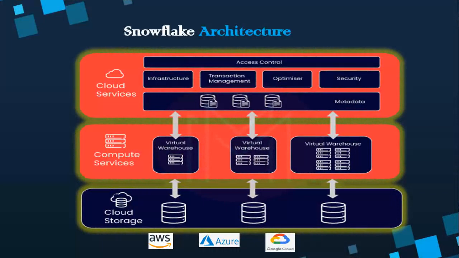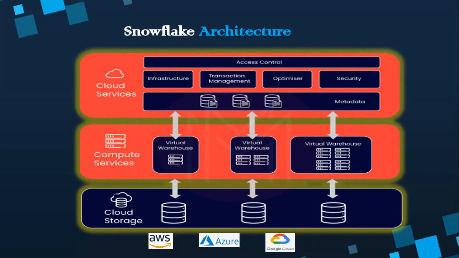The second layer is the computing services layer, where virtual warehouses lie. Those are nothing but physical hardware responsible for executing SQL queries. For example, if a user executes a complex query in Snowflake, who is going to execute it? Who will do all those aggregations, joins, and subquery executions?